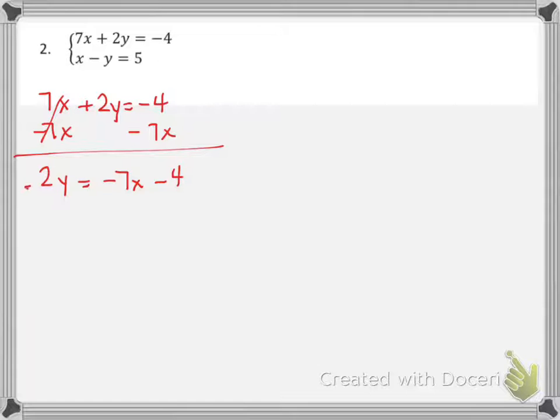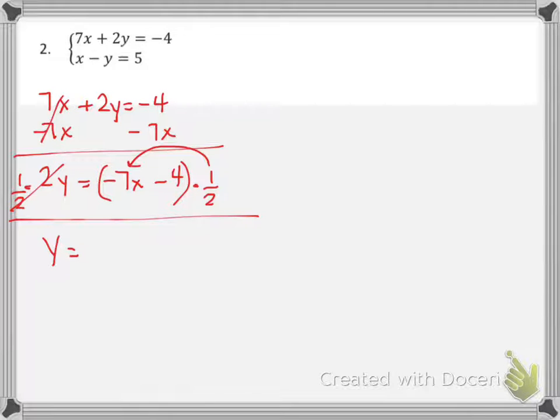And then multiply by the reciprocal of 2 on both sides. And that gives us y is equal to, when I multiply through by 1/2, 1/2 times -7 is -7/2 x, and 1/2 times -4 is -2. So there's my first equation in slope-intercept form.